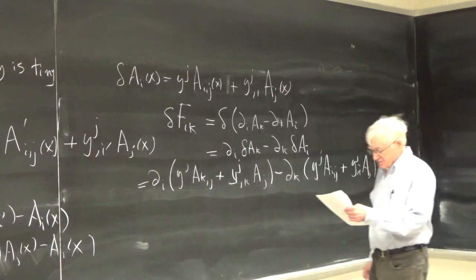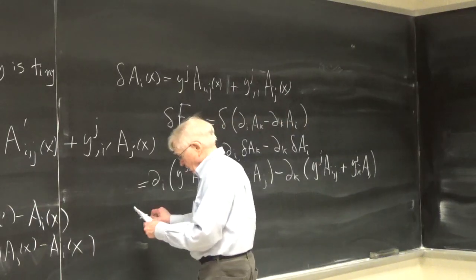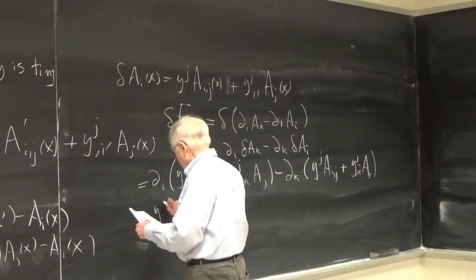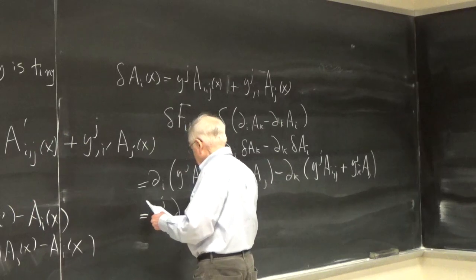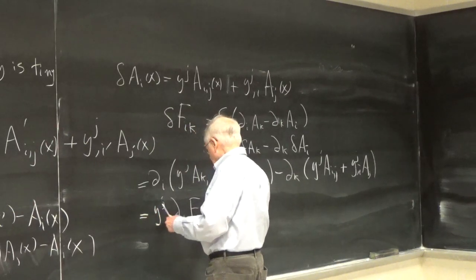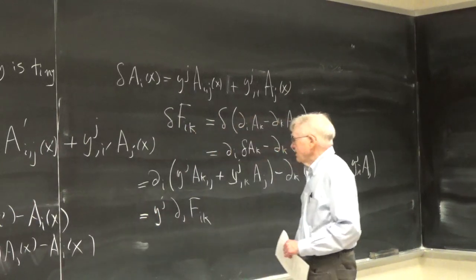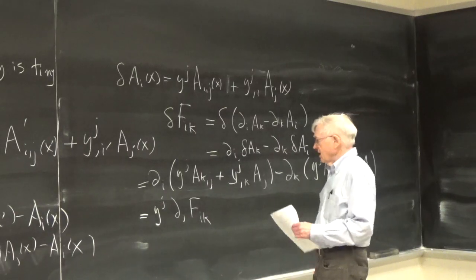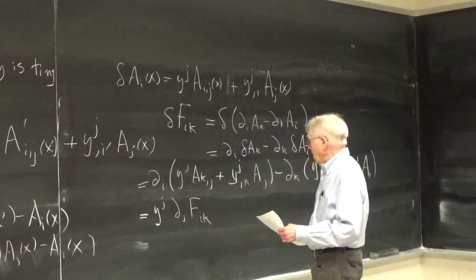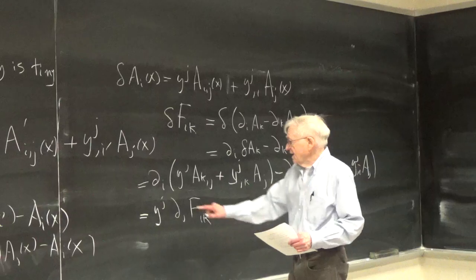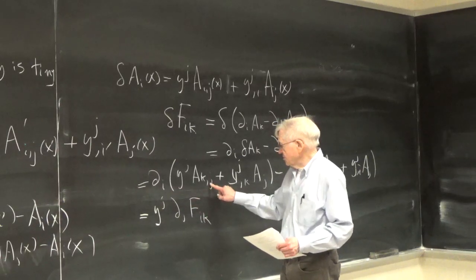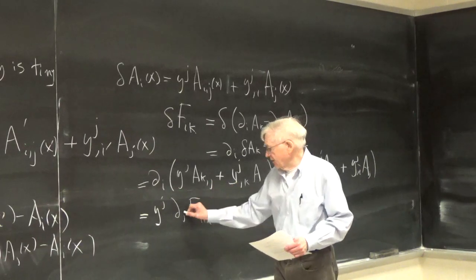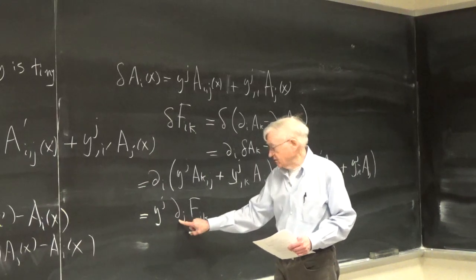All right, now if we expand this, what we get is y^j d_j. It turns out we can combine a couple of these because we pull out the d_j. This comma j I pulled out as d_j.